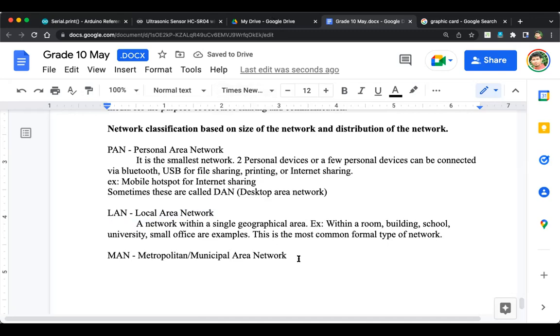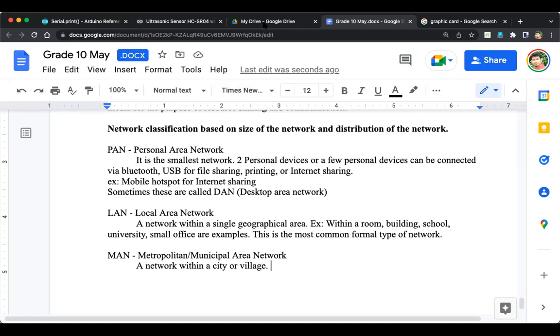It is basically connecting some metropolitan area. A network within a city or village. So sometimes that is called village area network, but there are different terms. Basically, that is a metropolitan area, a municipal council.